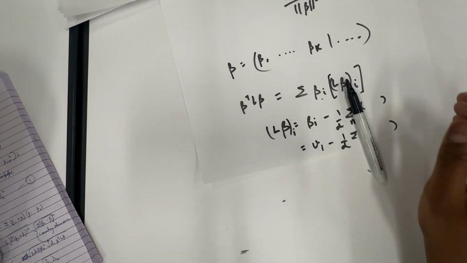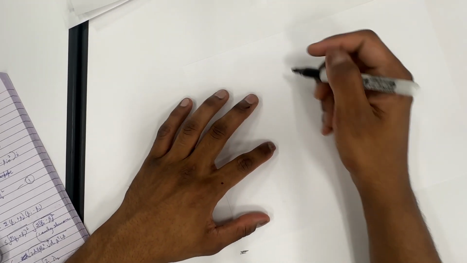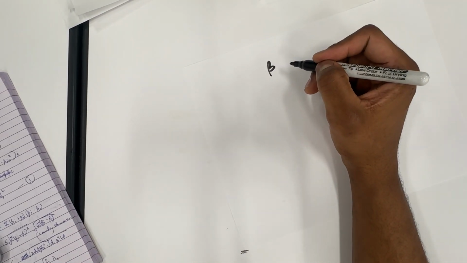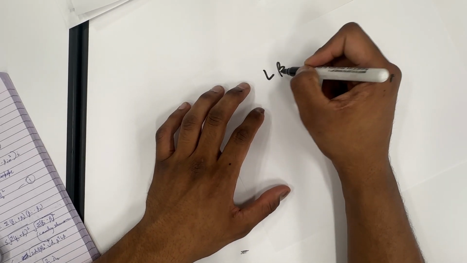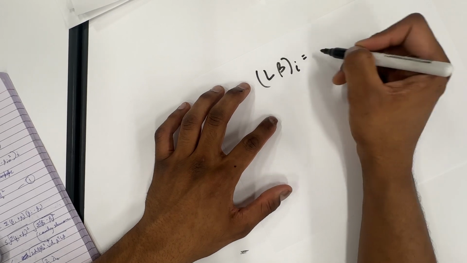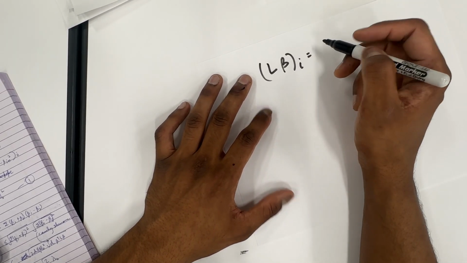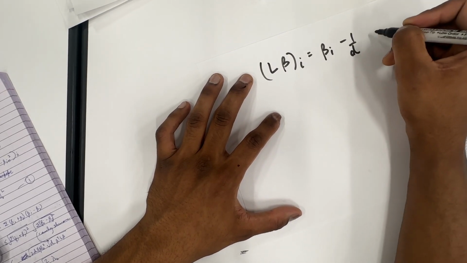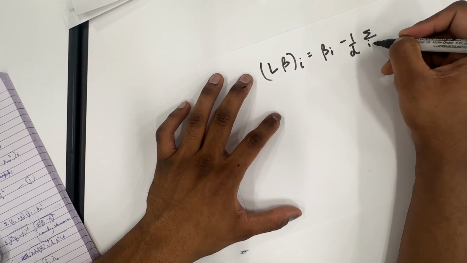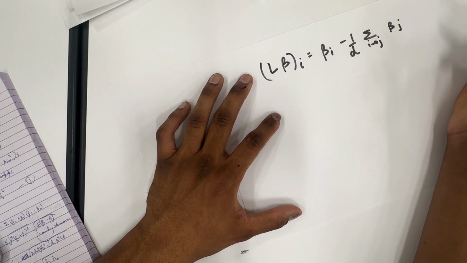Yes. Understood. One second. Let me recalibrate. This is my beta vector. And what I claim is that when I multiply with L and take the ith component, where i is less than k because we only need to look at the first k ones, this is beta i minus 1 over d sum over ij an edge of beta j, right?